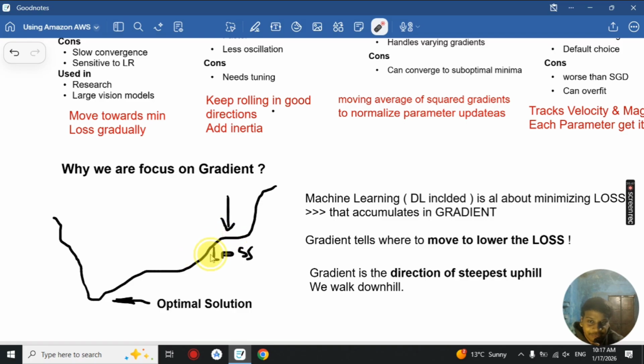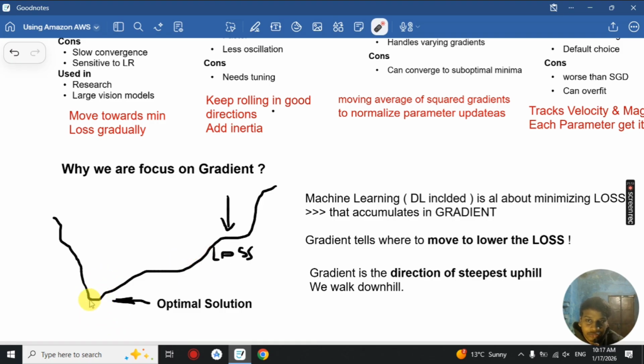So if we calculate the gradient here, it will tell us which direction to move to get higher loss. But here we walk downhill, in the opposite direction, to get our optimal solution.